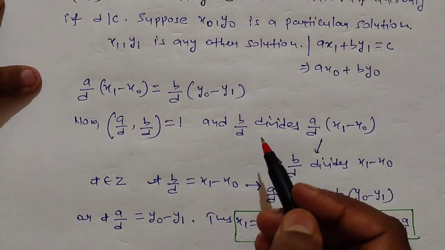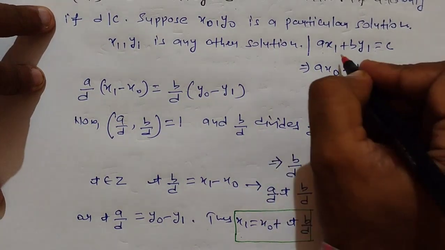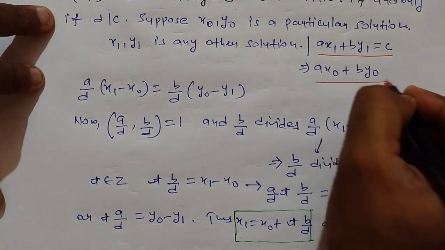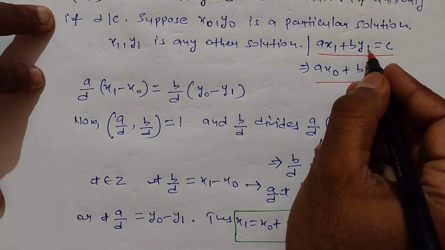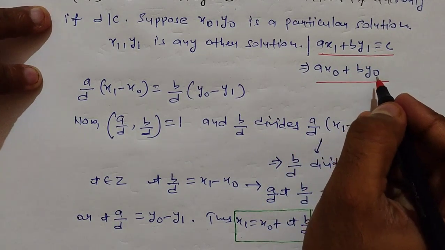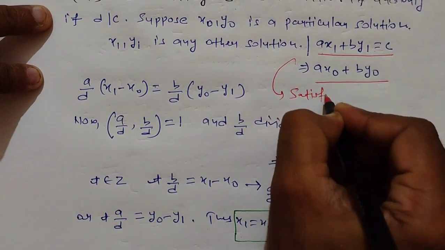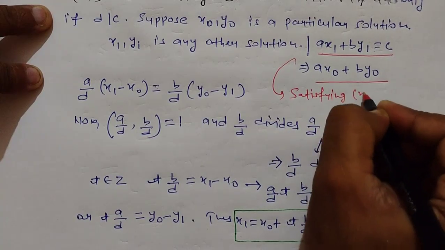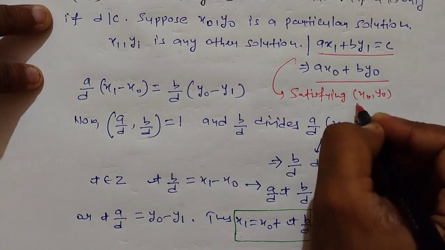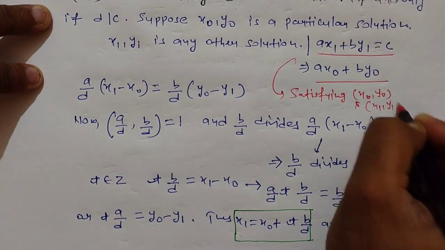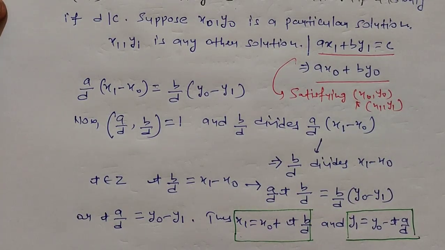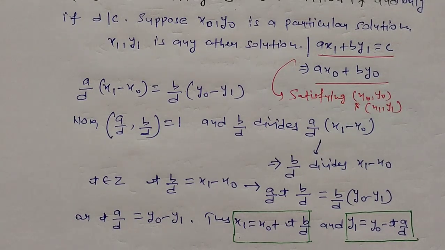So here I am highlighting the important points. The first is we are satisfying x1 y1 and x0 y0. Here I am writing satisfying. So this is the solution.